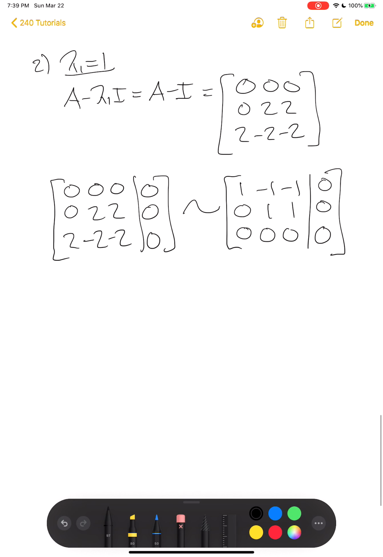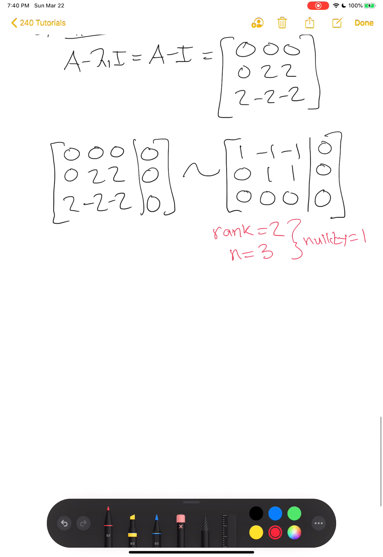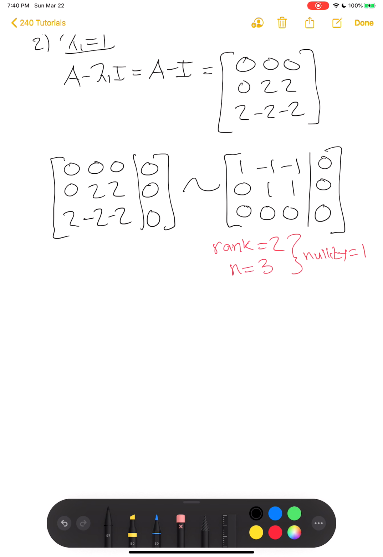Okay, so again, we want to use the rank-nullity theorem here. You'll find that since there are 2 non-zero rows, the rank is 2, and n is still 3. So it tells us that the nullity is equal to 1. Okay, so then we should only be able to find one vector that works in this particular case.